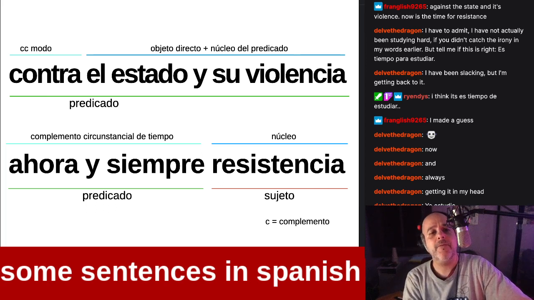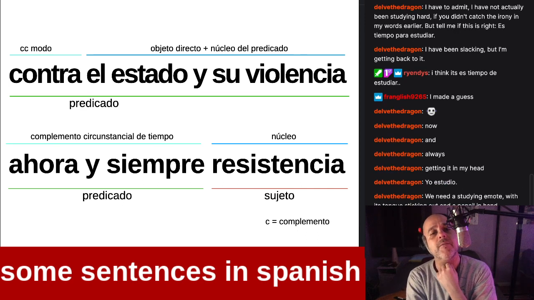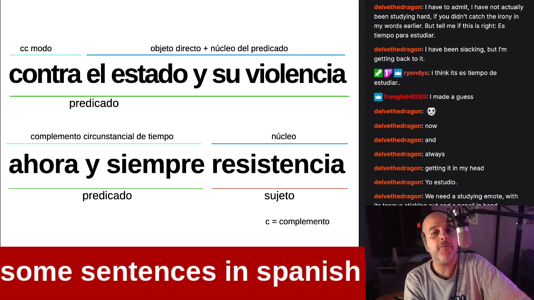Anyway, this has been an anarchist motto in Spain for a while. I would say it was up and running back in the 1990s when I was young, back in the day when most of you weren't even born. And it's still a thing. Contra el Estado y su violencia, ahora y siempre resistencia. I hope it makes sense.